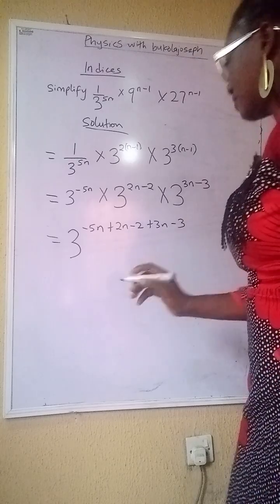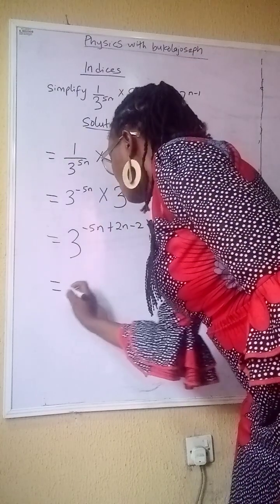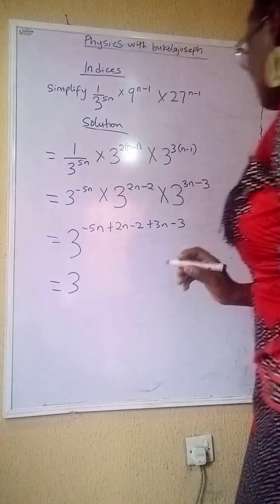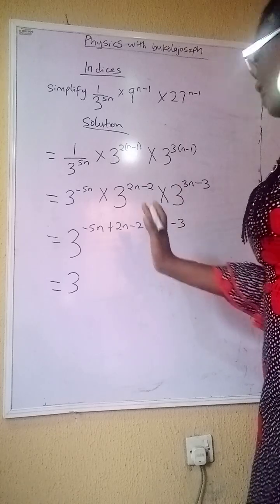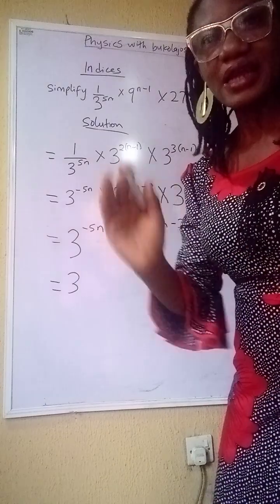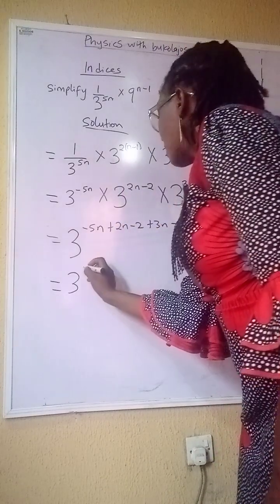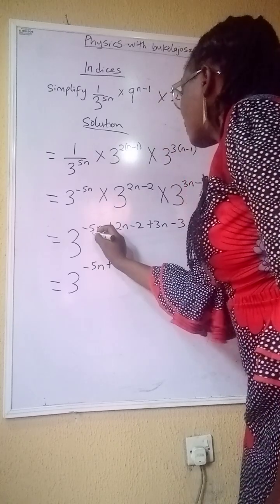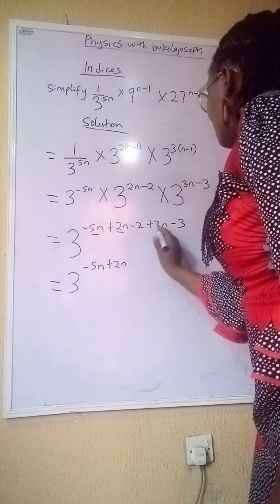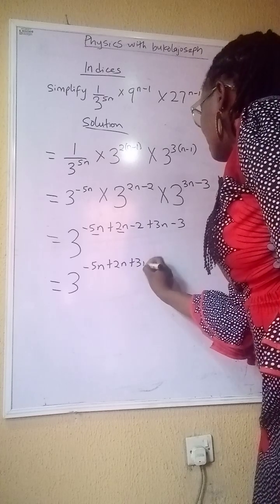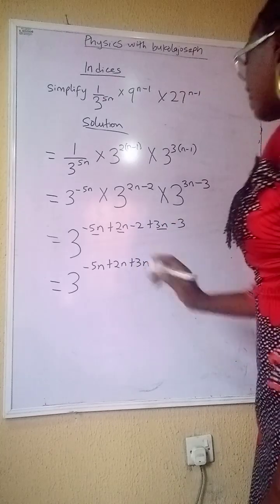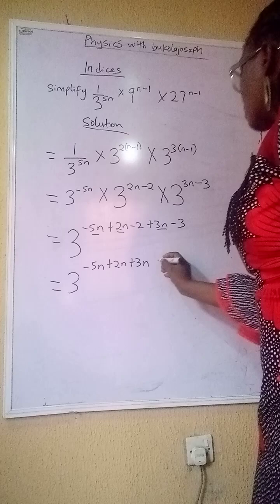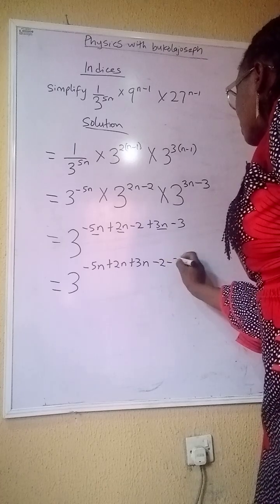Now let's collect like terms. We have minus 5n plus 2n, then plus 3n, remaining minus 2 minus 3.